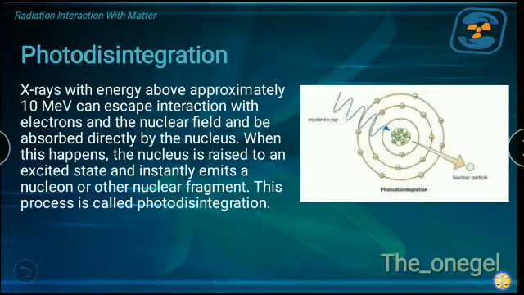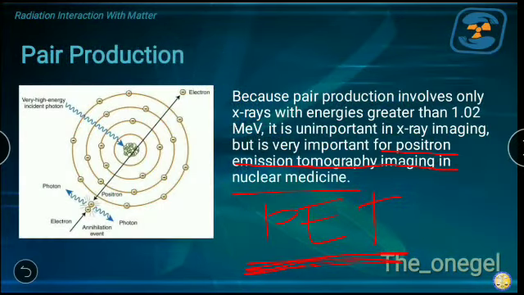Okay? So, let's have a summary on pair production. The energy of the photon should be at least 1.02 mega electron volt. The site of interaction, of course, is the nucleus. End products: there will be two. One, a negatively charged electron with an energy of at least 0.51 mega electron volts.